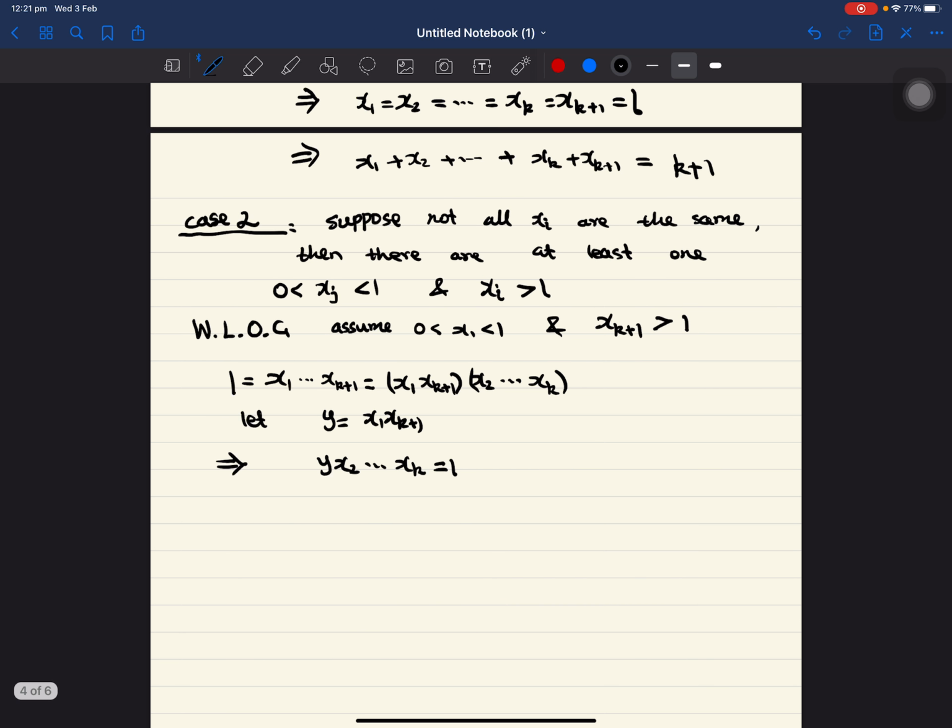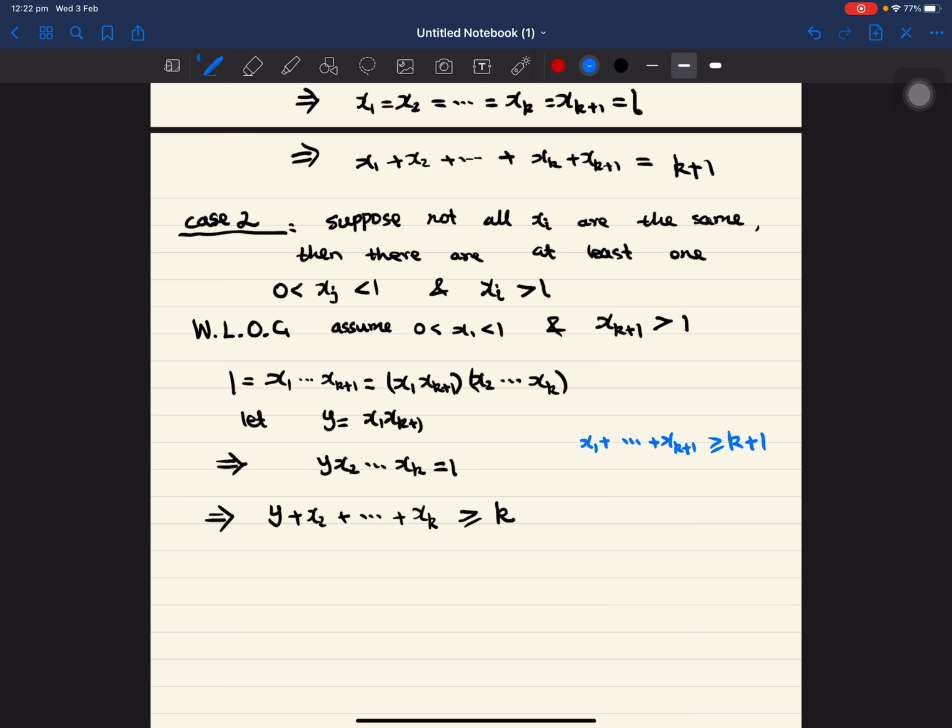Then by the assumption we have that y plus x2 plus all the way to xk is greater than or equal to k. But don't forget what we actually want is x1 plus all the way to x(k+1) is greater than or equal to k plus 1.